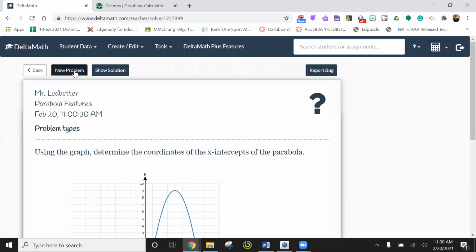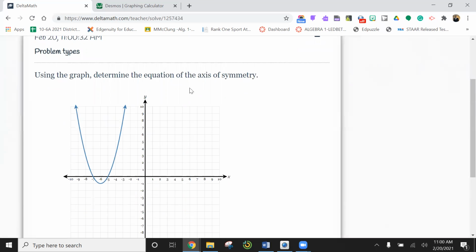Let's see here. I know we got different ones: axis of symmetry. The axis of symmetry is what we call the AOS in class. It is the line of symmetry, which you learned back in elementary school. You draw an imaginary line that goes right down the middle and splits this parabola into two halves.